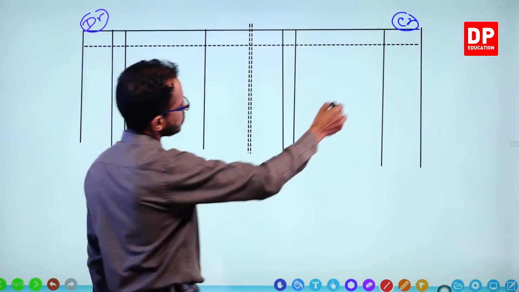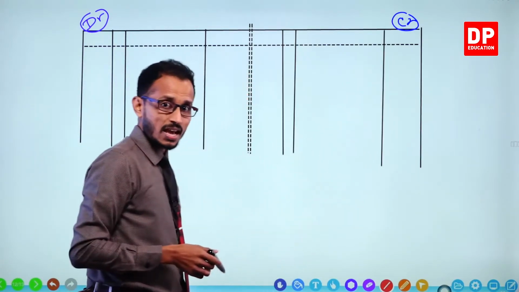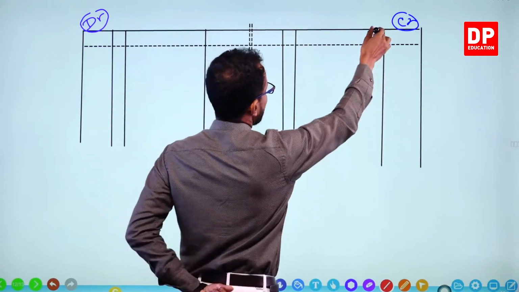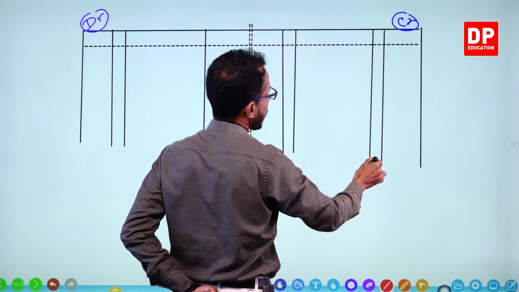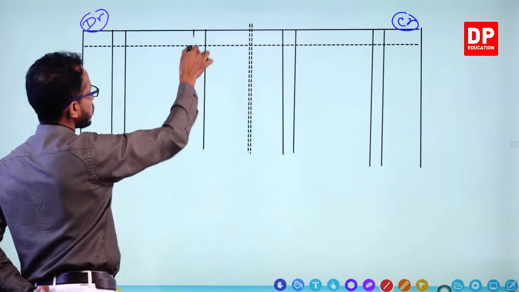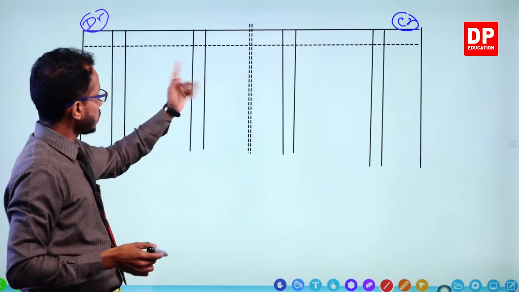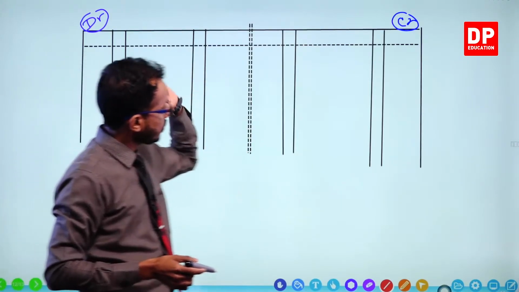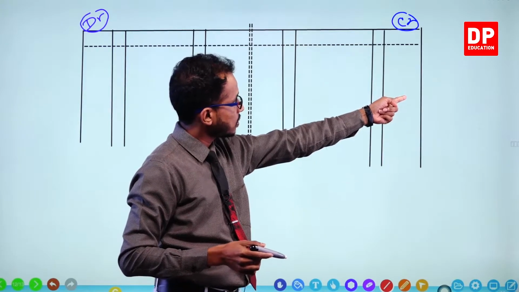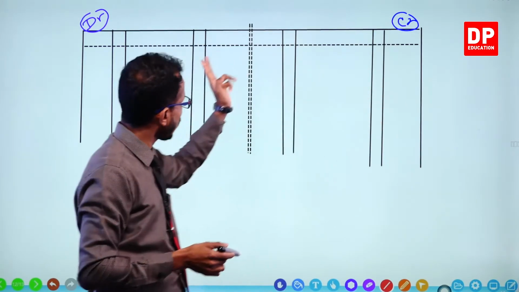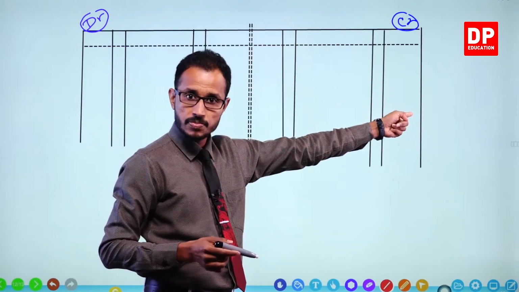The ledger folio columns normally come on both sides before the amount column. When you draw the columns on both sides, the corner column is always the amount column.